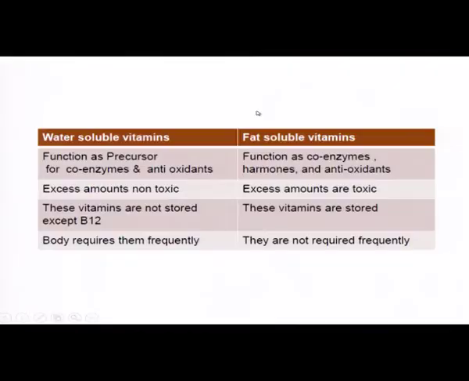See, the first point is the role that water soluble vitamins and fat soluble vitamins play in our normal diet as part of nutrition. Water soluble vitamins act like precursors for coenzymes and also act as antioxidants, whereas fat soluble vitamins also act like coenzymes.